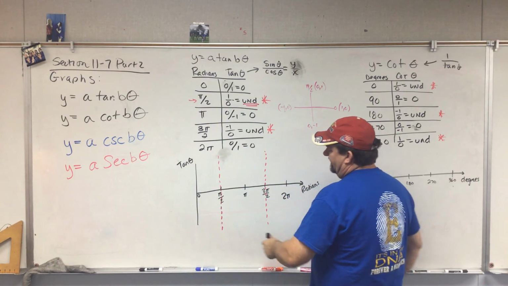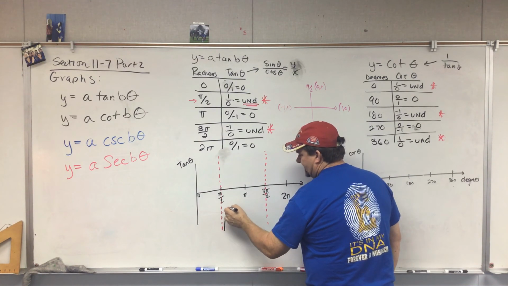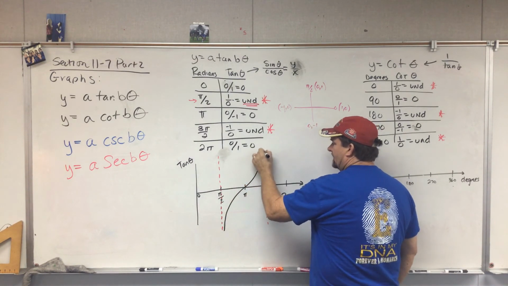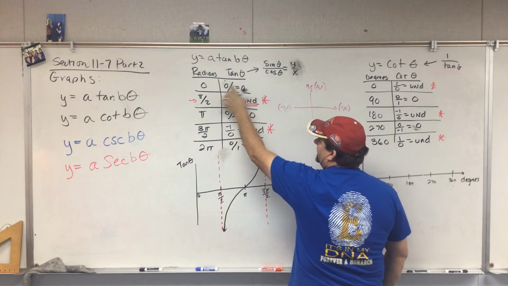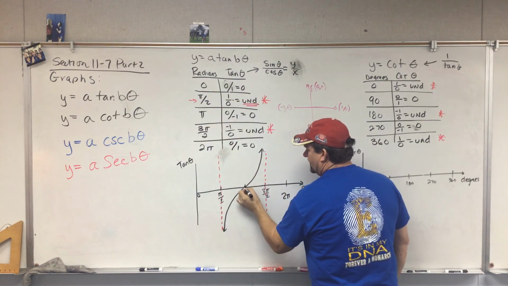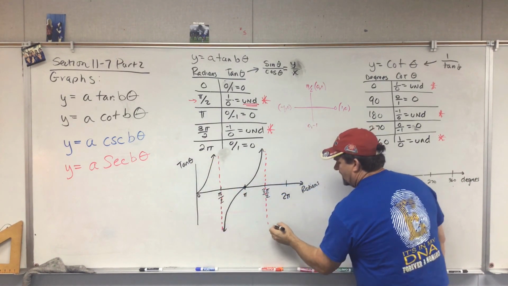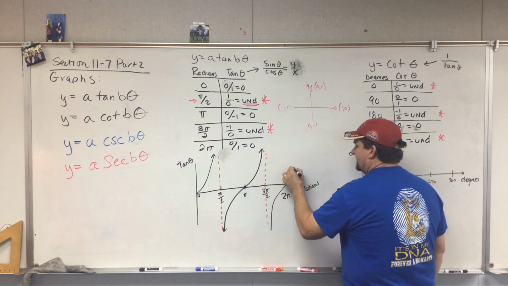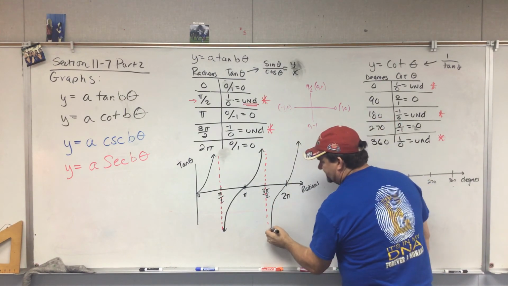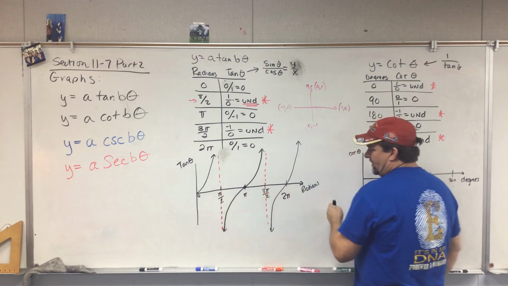Now, this graph here, if you plug in all the other numbers, it would have a pattern that looks like this. Because my x-intercept is at 0 and 0, or I should say pi and 0, and then this would go up here. This one would repeat itself like that, and then it would just repeat itself like this with another dotted line right here, and then we'd work our way through.